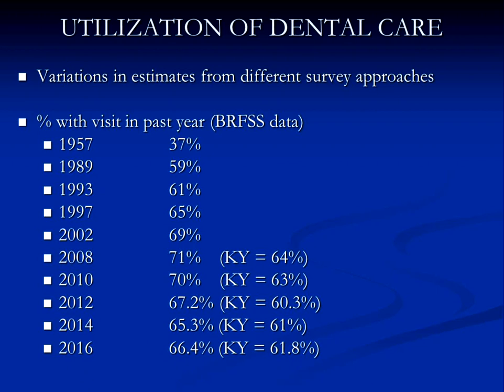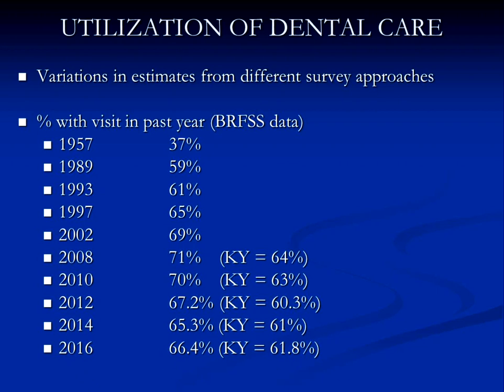In the 1950s, it was very, very low. Less than 50% of the population was going to the dentist on a regular basis, or even going within the past year. So it was actually 37%, as you can see here. We start increasing, and we're seeing rates in the late 80s, early 90s hit around 60 to mid 60s.